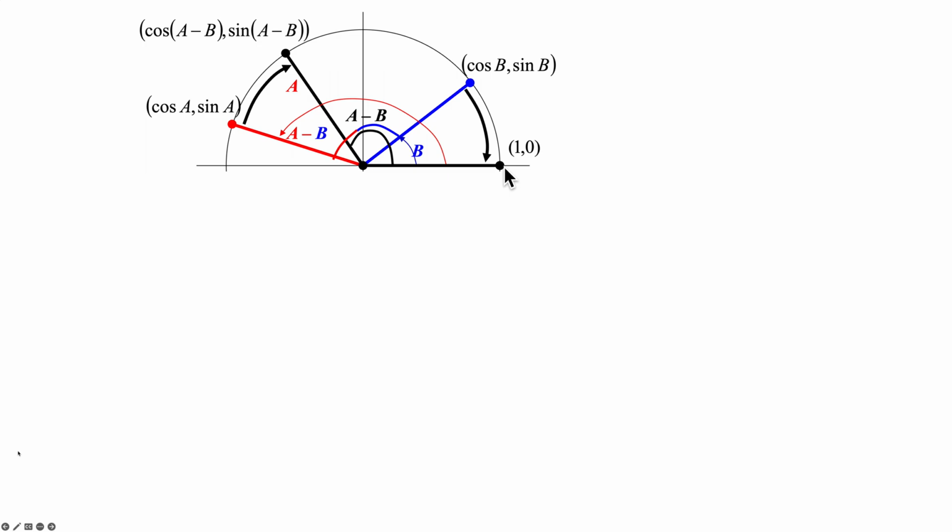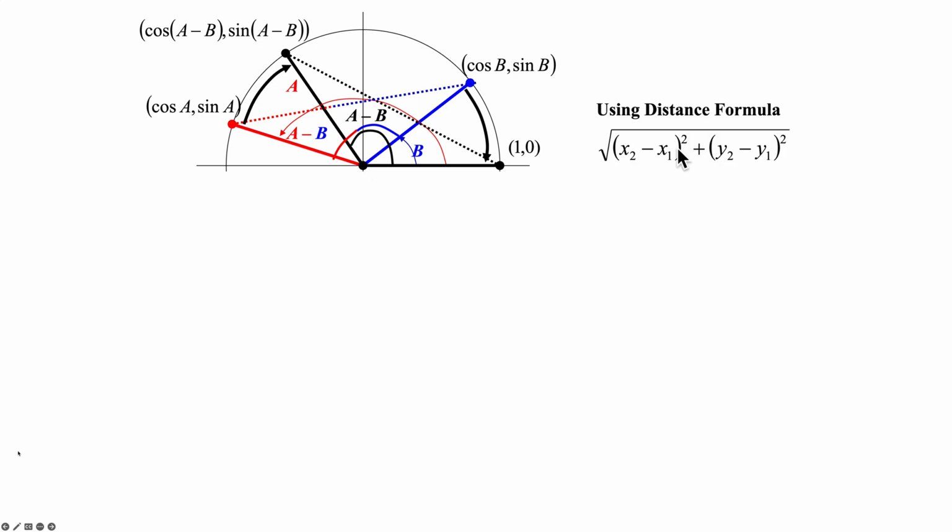So, to create an identity, we go to coordinate geometry. We're going to find the distance between the red point and the blue point. That was the red and blue A minus B. And we'll do the same thing with the endpoints of the unit circle for the black A minus B. So to find the distance, we need our distance formula between 2 points.